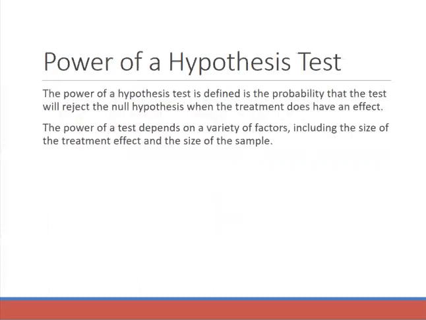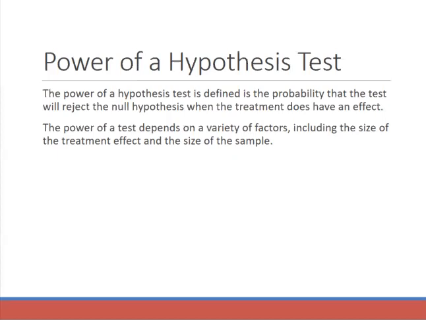A final note is this issue of power. Instead of directly measuring effect size, another way to look at this is detecting power. Power is also about determining the strength of the treatment and our ability to detect it. Power is the probability that a test will reject the null hypothesis if the treatment really has an effect. So how likely is it that you correctly detect an effect when it's there?